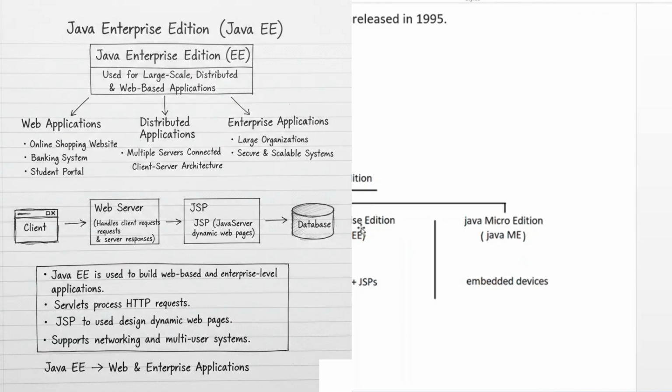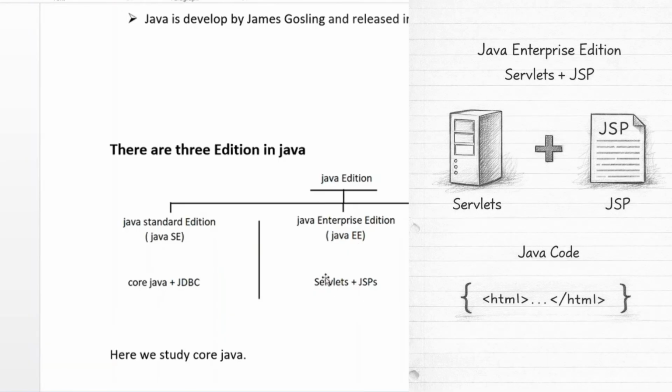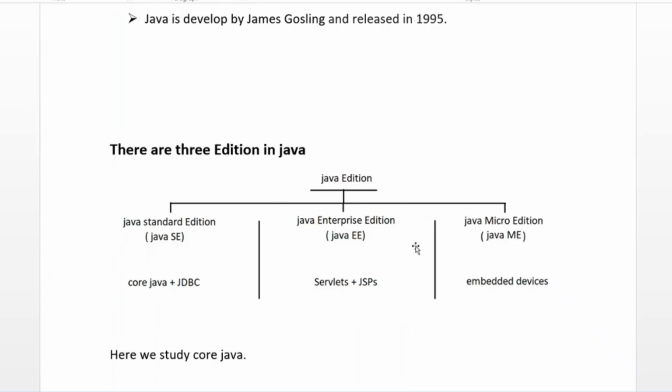Next is Java Enterprise Edition. In short, we say Java EE, Enterprise Edition. Java Enterprise Edition is for developing large-scale distributed networking applications and web-based applications. In that, we use servlets and JSPs. By using servlets and JSPs, we develop Java Enterprise Edition applications.